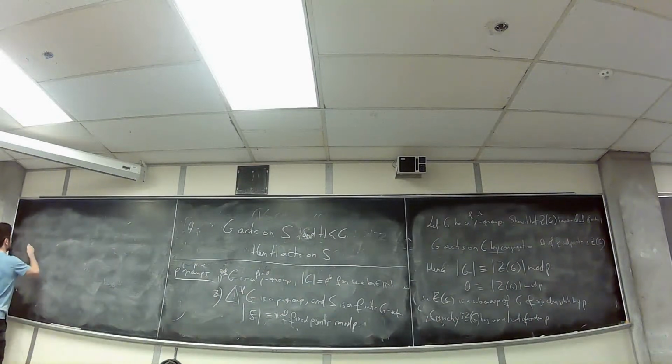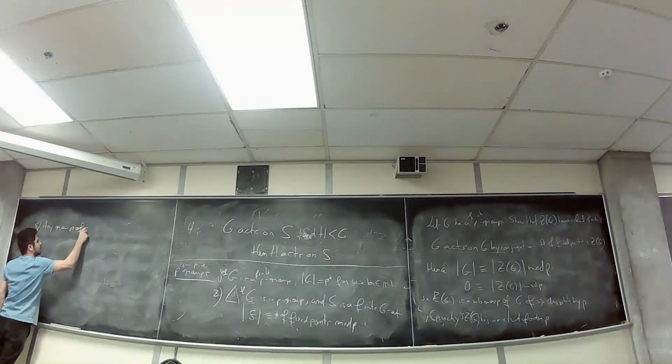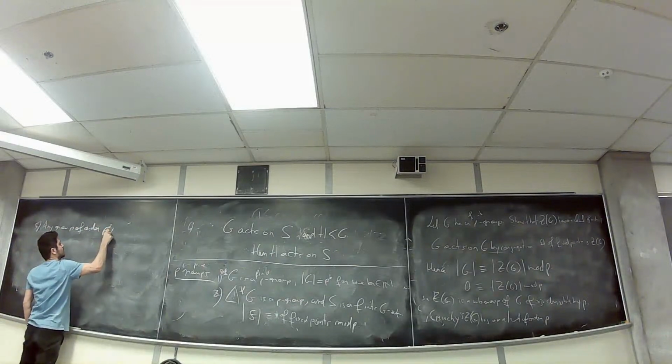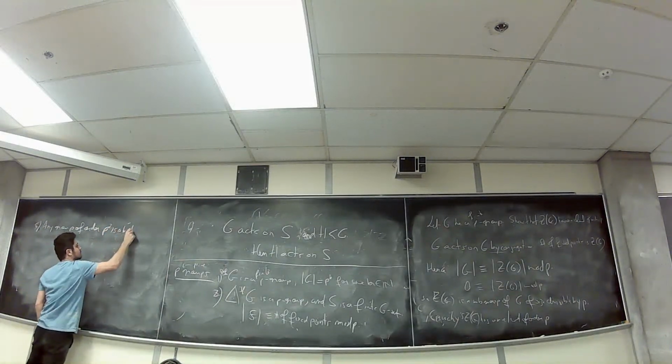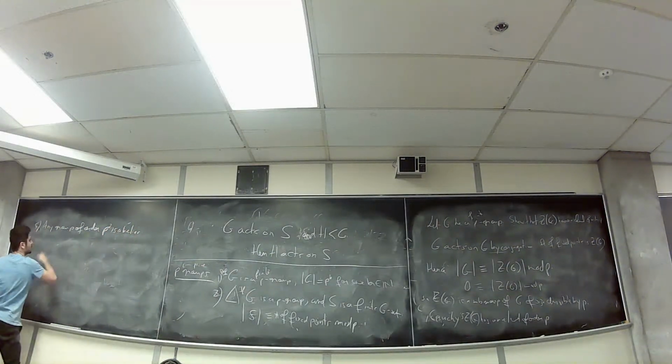Or one more thing on P-groups. Any group of order p squared is abelian. Now for that, you need 2 things.